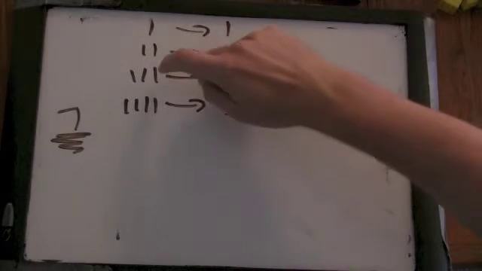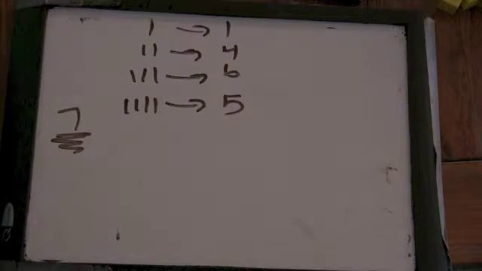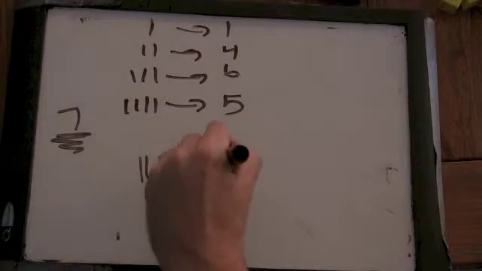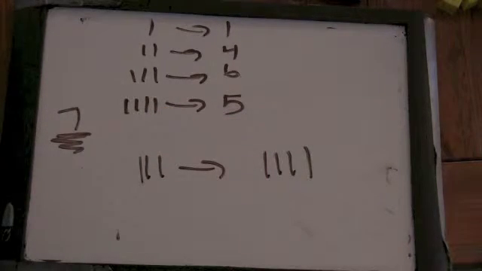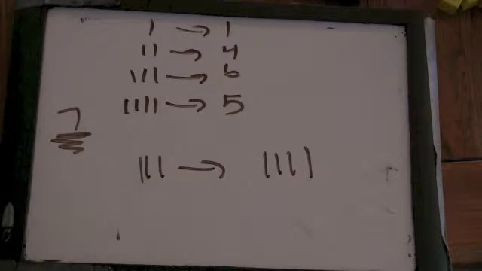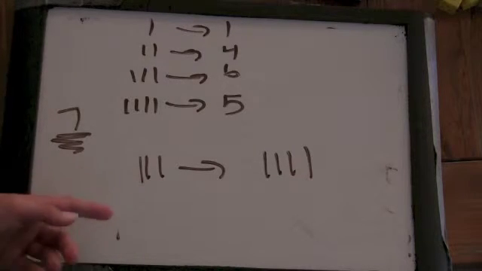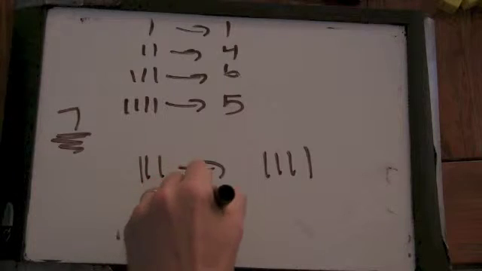What's a formula for how I go from this number to this number? How do I go from 111 to 1111? You add 10 to the number of digits this has, so you add 10 to the 3 here, which is 1,000.